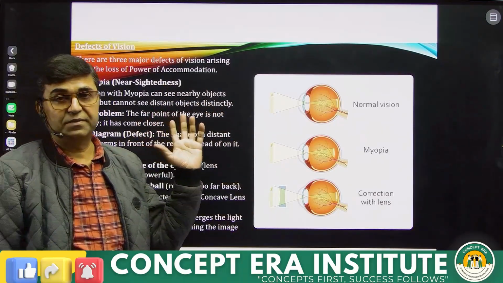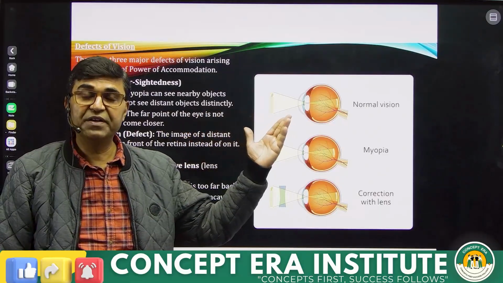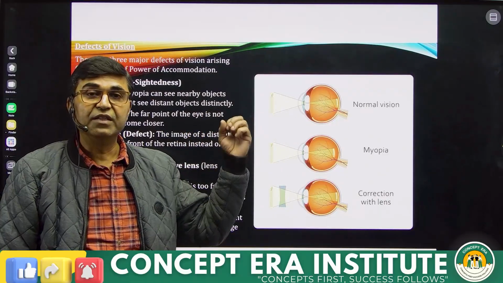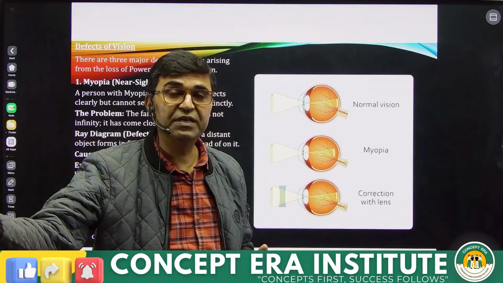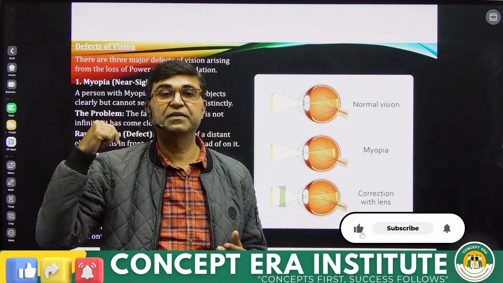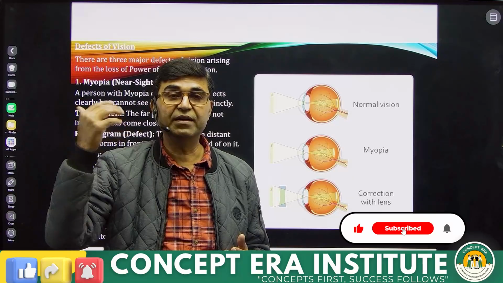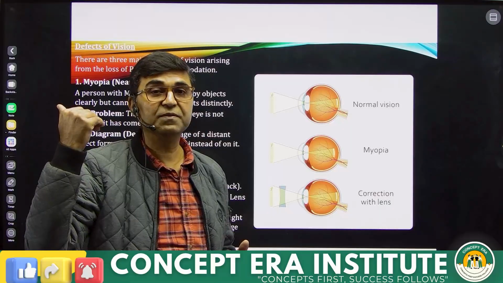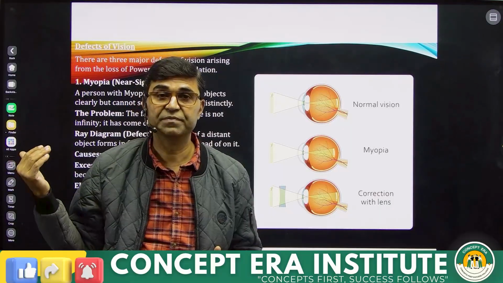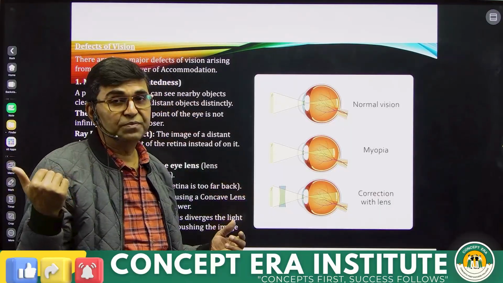What is the cause? Why is the far vision defective? The far vision is defective because the image of the faraway object is not forming on the retina. So we see a blurred image of a distant object. It is not very clear, not sharp. Why is it so?